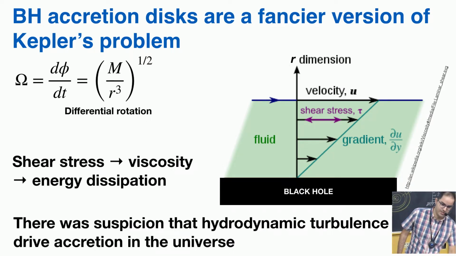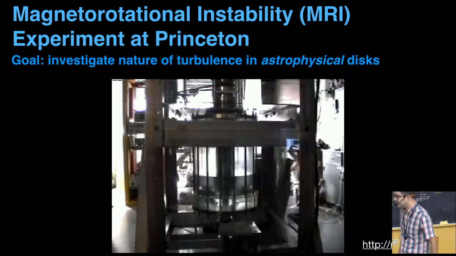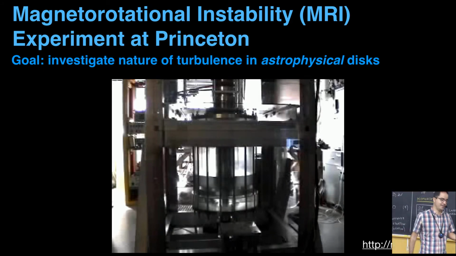And nowadays, we can recreate this kind of hydrodynamic shear stress in the laboratory, something that was not possible a couple of years ago. So for instance, this is a very nice actual lab experiment in Princeton. It is called the Magnetorotational Instability experiment.